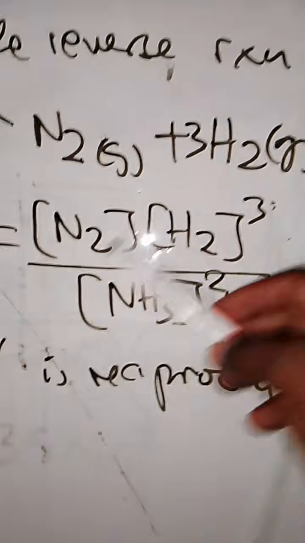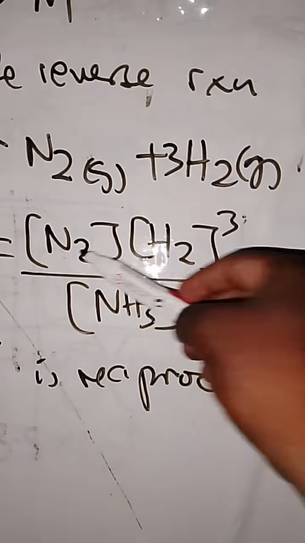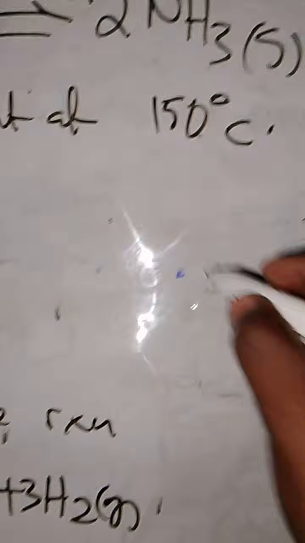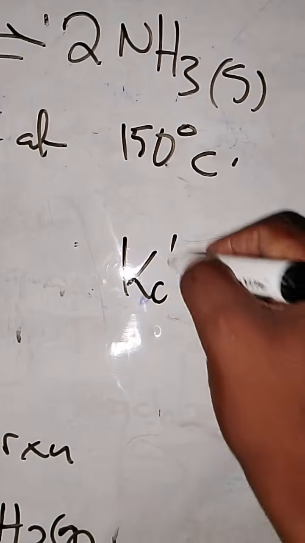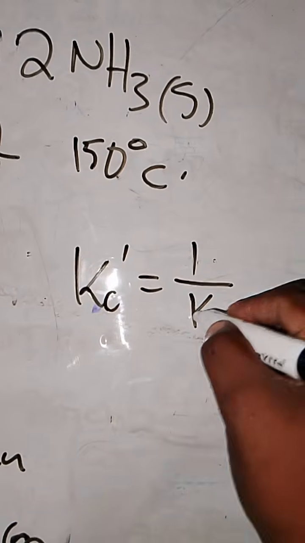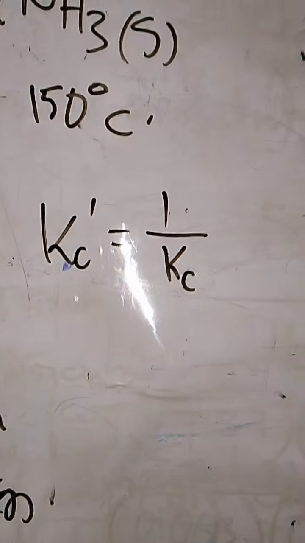So there's no need to substitute the concentrations and start calculating. You simply say Kc prime is equal to 1 over Kc.